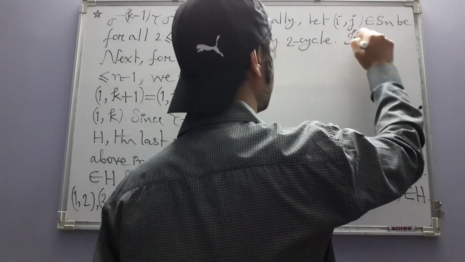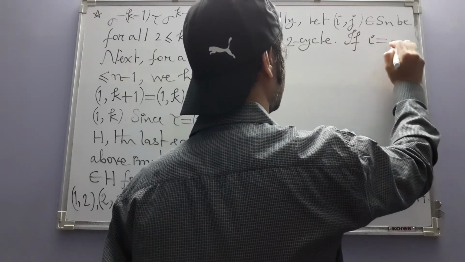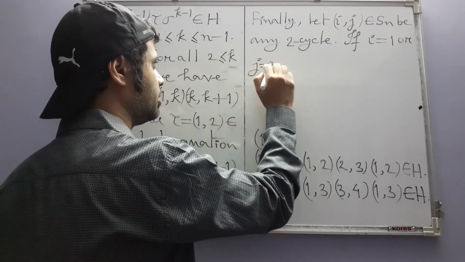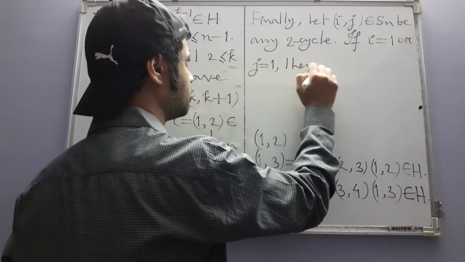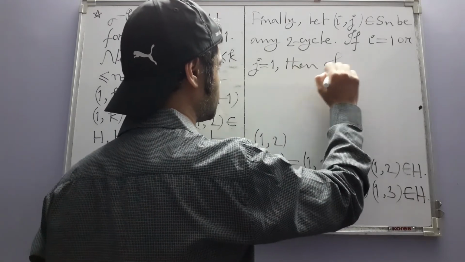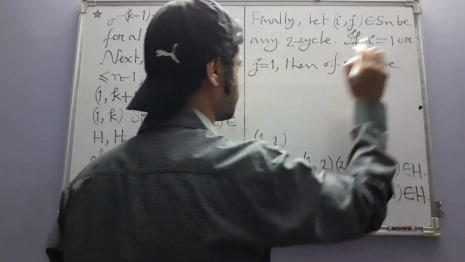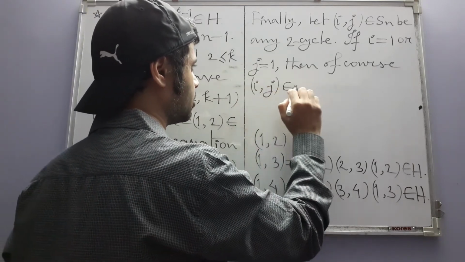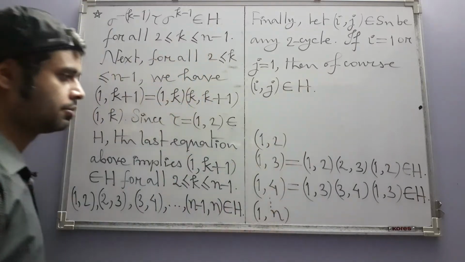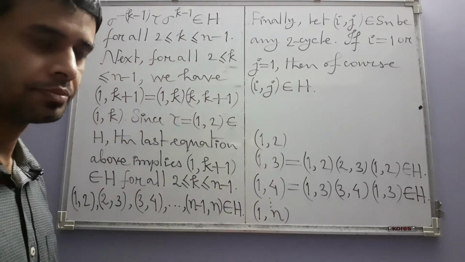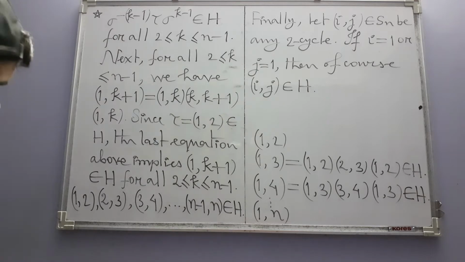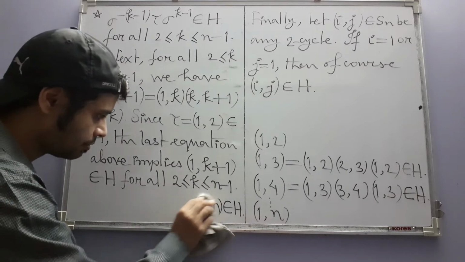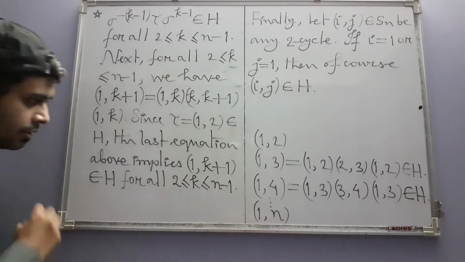If i is equal to 1 or j is equal to 1, then of course (i, j) belongs to H. Why? Because that's what we have just now proved, and this part of course is not a part of the solution. I just kept it for our own understanding. So let me just get rid of this.